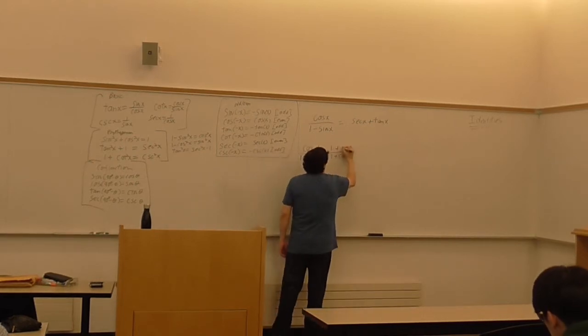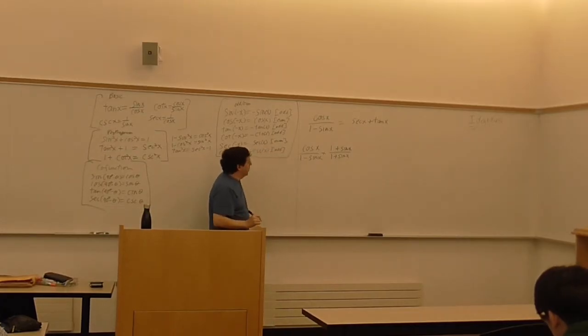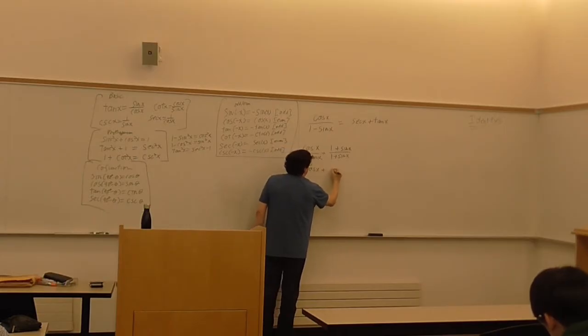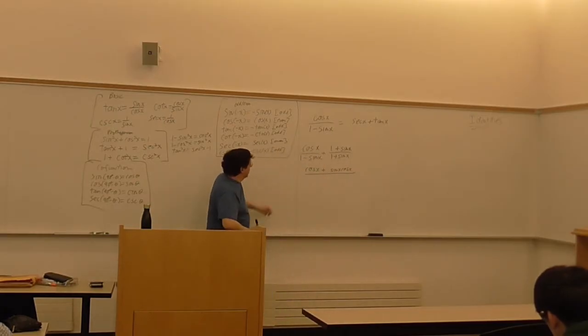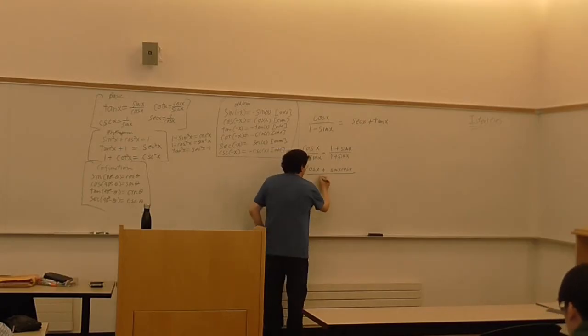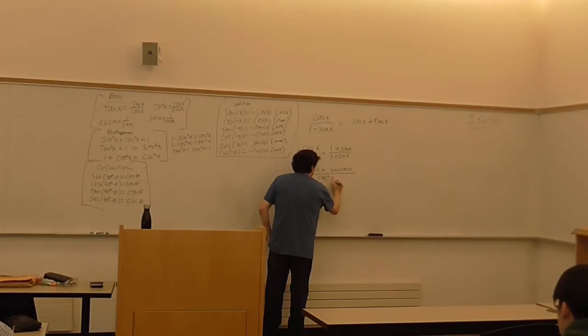So this becomes 1 plus sine of x over 1 plus sine of x. And the top will get cosine of x plus sine of x, cosine of x. On the bottom, we already know where we're going. This is going to be 1 minus sine squared x. It's just going to be cosine squared of x.